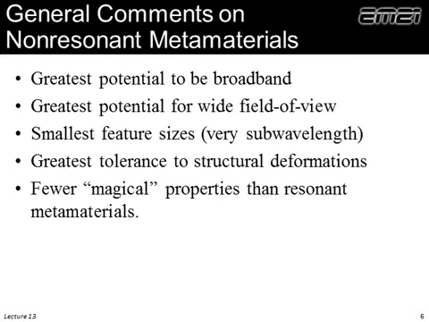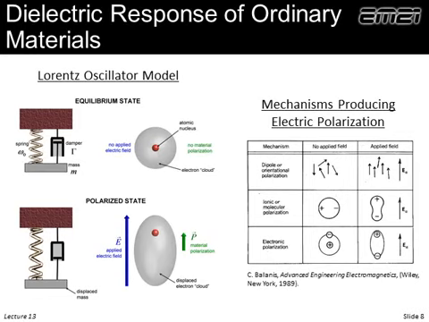On to our first category, the resonant type of metamaterials. Let's review what we talked about in one of the first few lectures, and let's talk about the dielectric response of a material. We have electron clouds bound to a nucleus, so it's a bound charge, and without any applied electric field, we have this electron cloud in its neutral state, if you will.